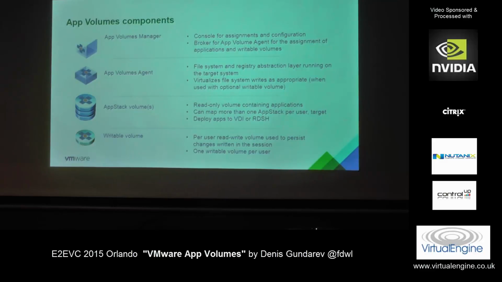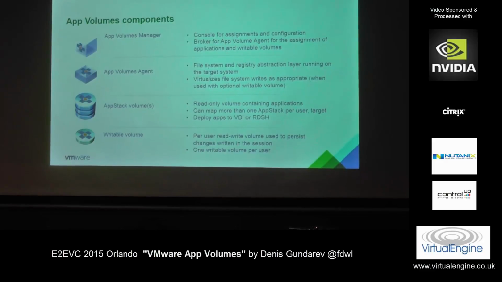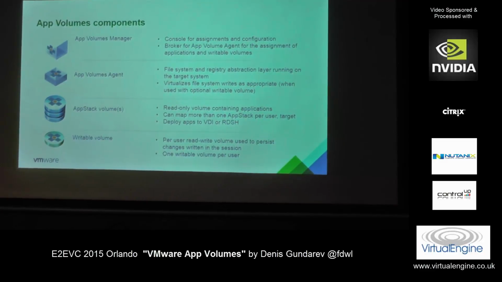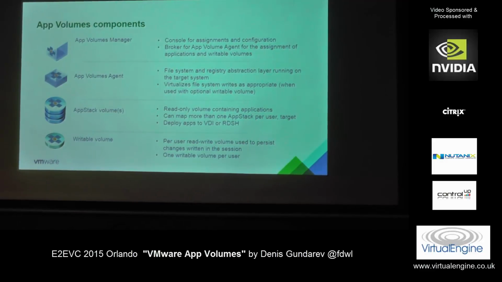The AppVolumes agent runs on a virtual machine or on a physical desktop and actually virtualizes this application, presenting the application to the system or to the user. And a writable volume is the same kind of VMDK file that can contain a user profile or anything that the user installs, like user-installed applications. It's a VMDK or VHD file that can be used to make your non-persistent deployment persistent.